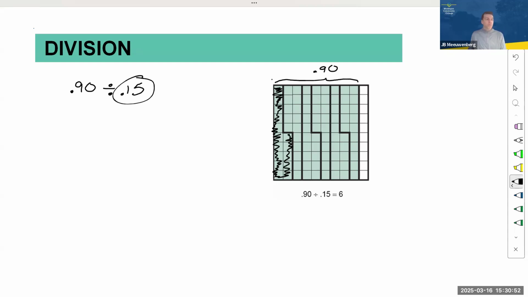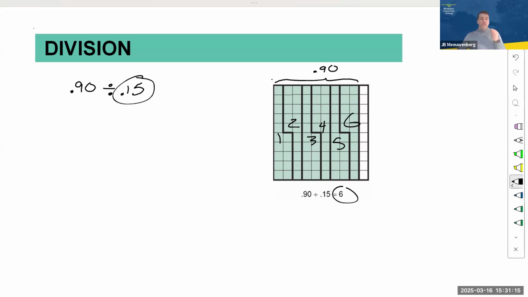So that is one group of 15 hundredths. And then we're continuing to repeat that. So here's one, here's two, here's three, here's four, here's five, and here's six. So 90 hundredths divided by 15 hundredths is equal to 6. That's one way to look at division.